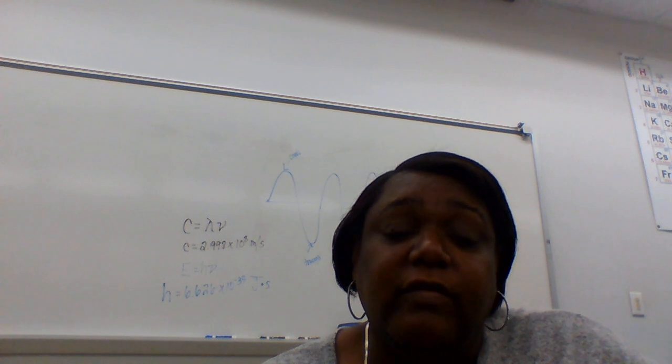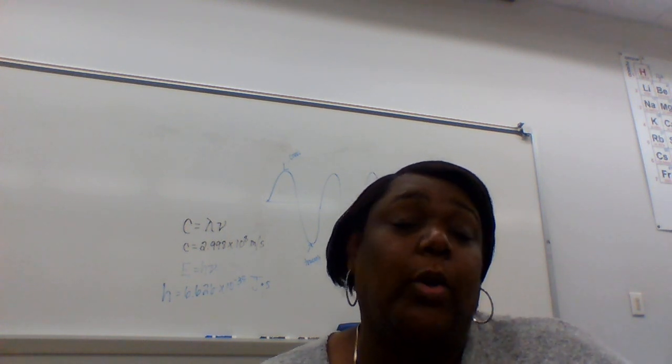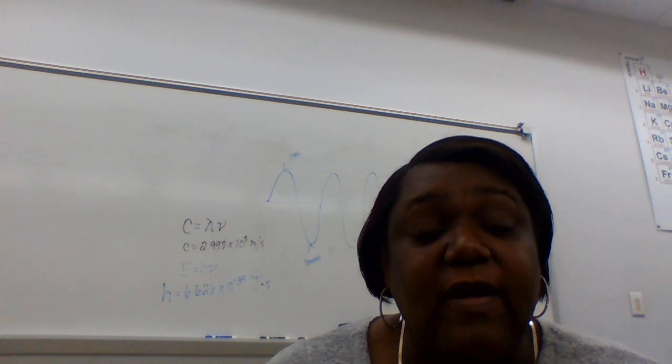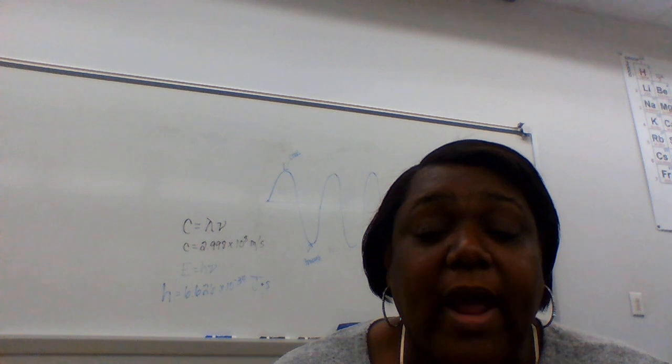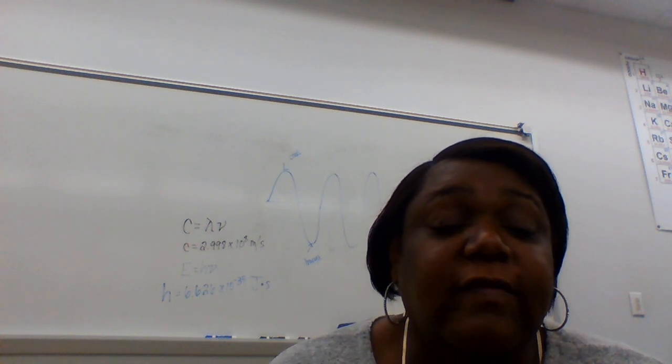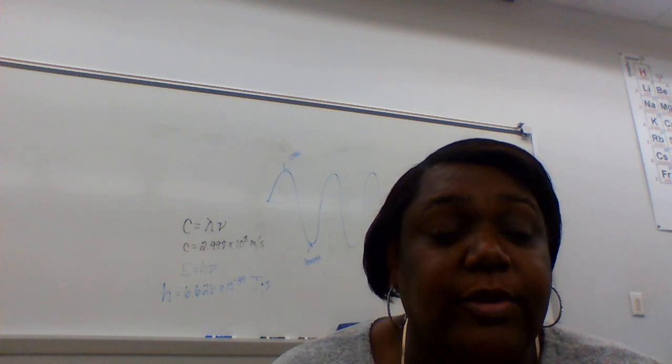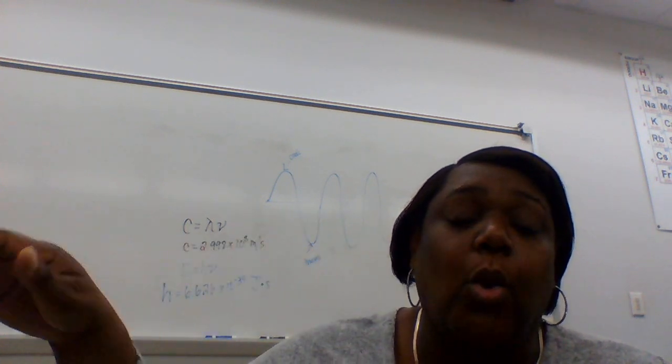Your P sublevel is a little more energy than the S. Your D is a little more energy than the P, and your F is a little more energy than the D.